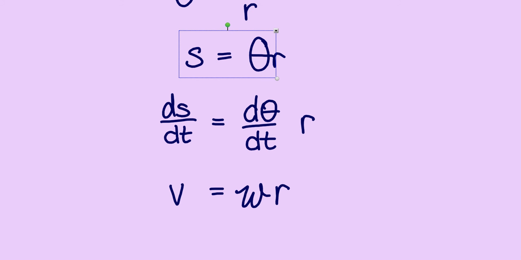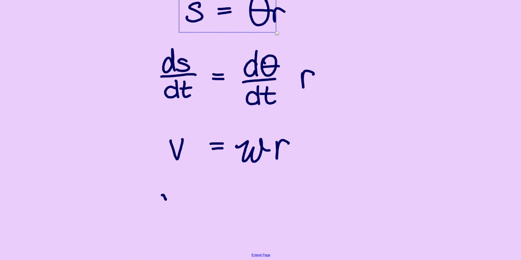So the linear velocity is equal to the angular velocity times the radius, or the distance to the axis of rotation. Similarly, I could take the derivative of both sides once again.